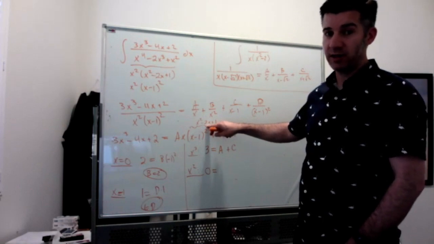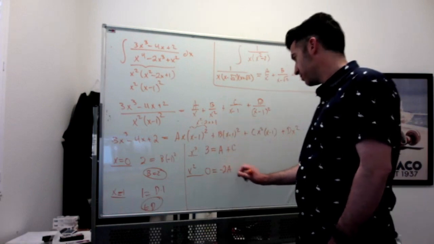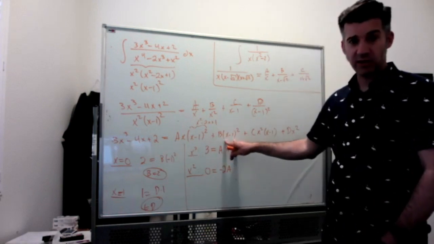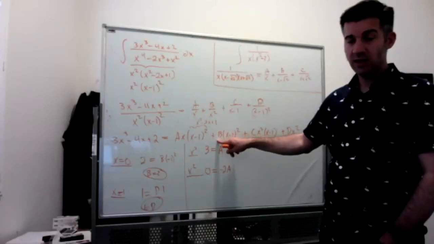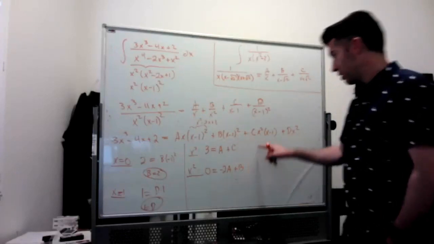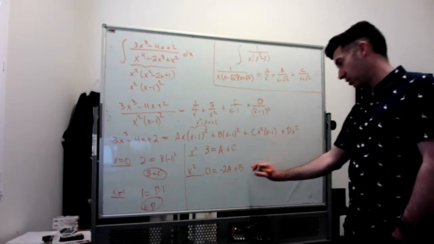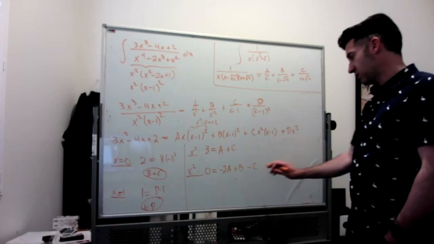So the coefficient of x squared there is a negative 2a. If you multiply this out, you'd have x squared minus 2x plus 1 times b, so you'd have a b times x squared. Here you'd have a cx squared times a negative 1, which would give you a minus cx squared. And here you have a dx squared.